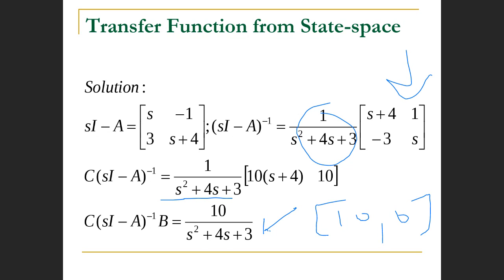All right, and so we proceed to do the same thing. We multiply what we have up here by the last matrix, which is B, and we end up with our transfer function.